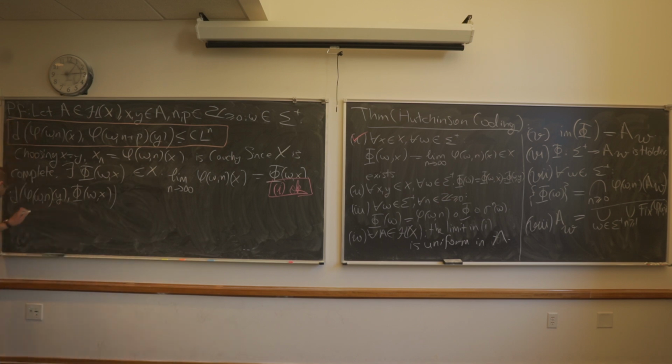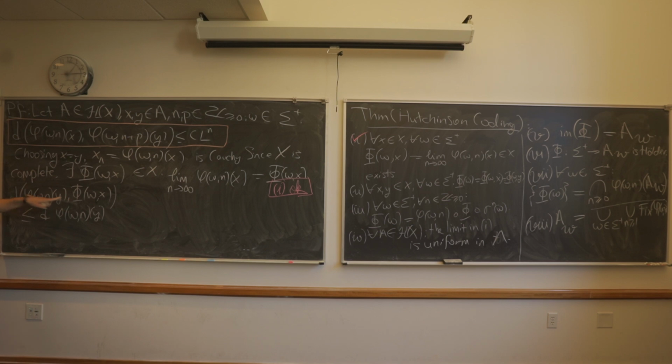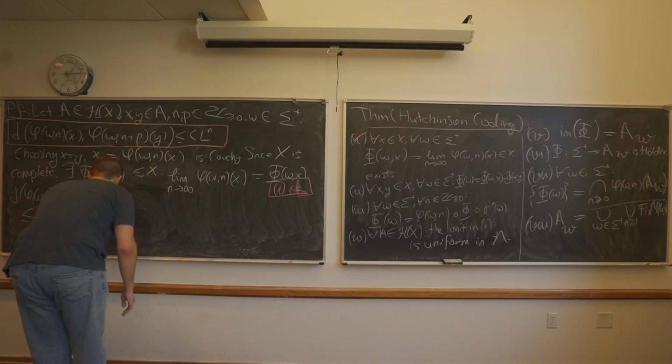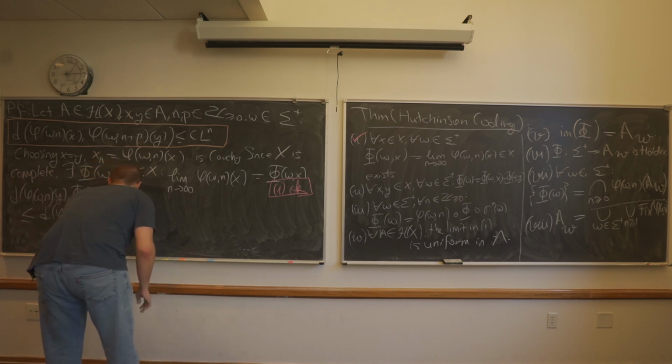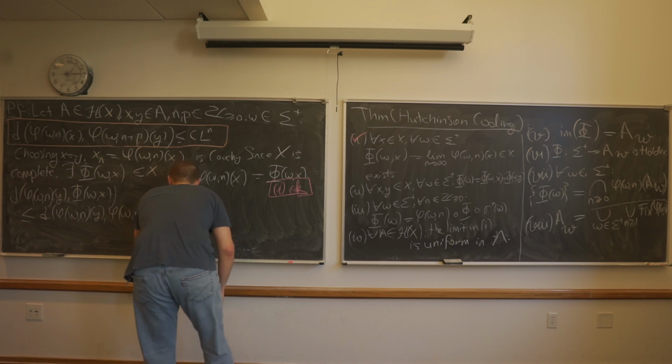So what I can do is this. I'm going to inject here phi of omega comma n applied to the point x. And then, of course, I have this term.